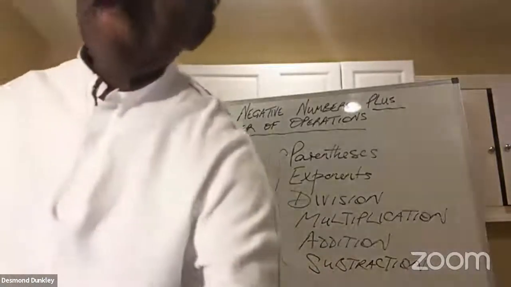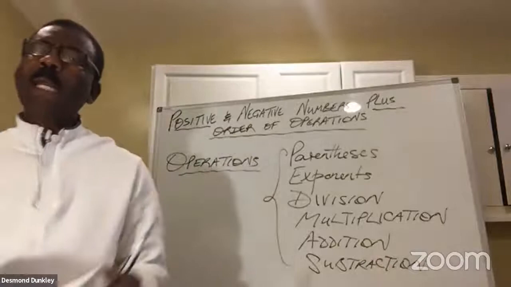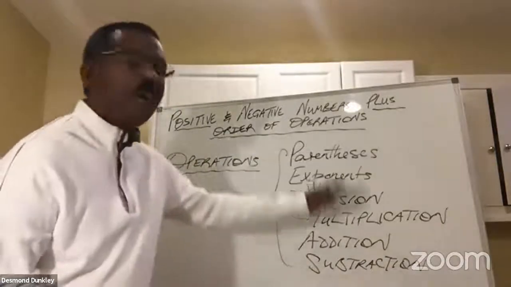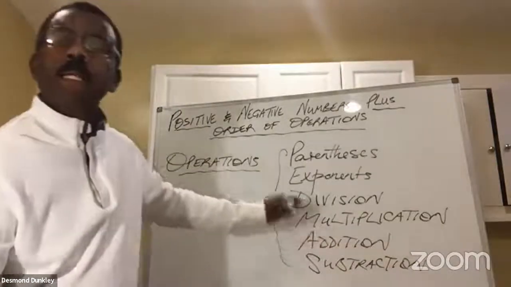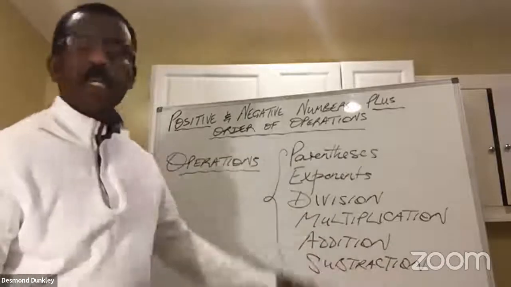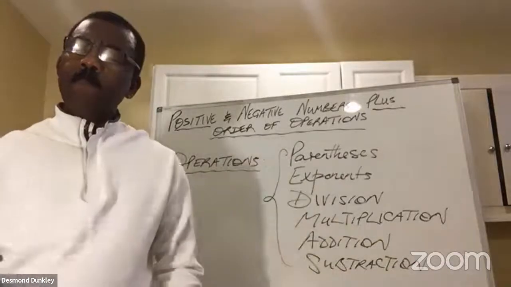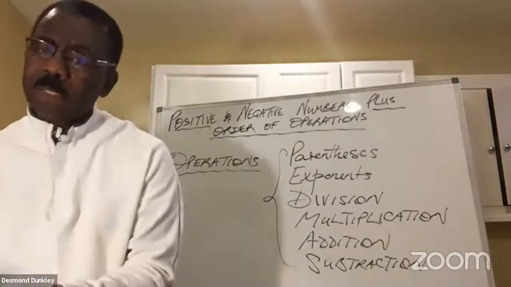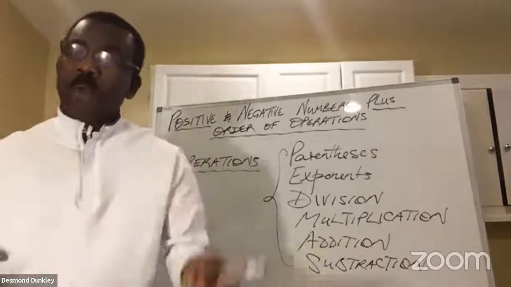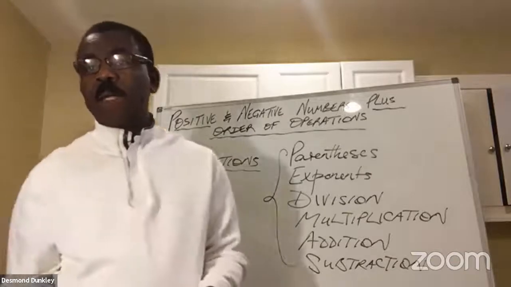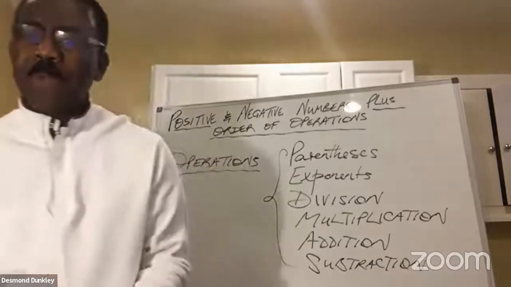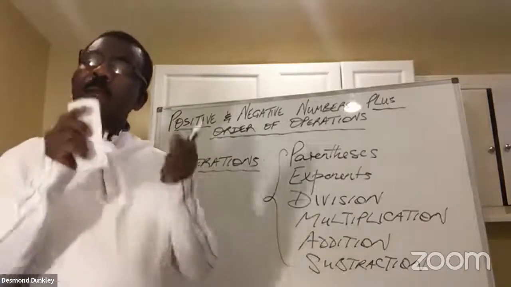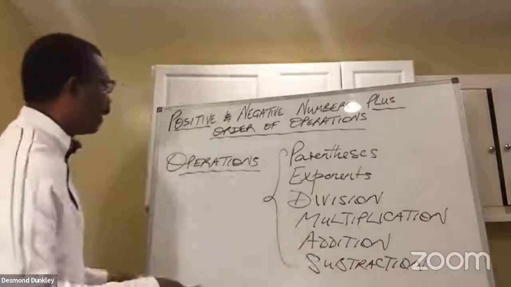So the question is, if you have one expression that involves a mixture or a selection of these operations, it is important that we know which operation goes first or which one has priority, because if we don't know the priority, we will end up with the wrong value. So it's important to understand who is on first, okay?